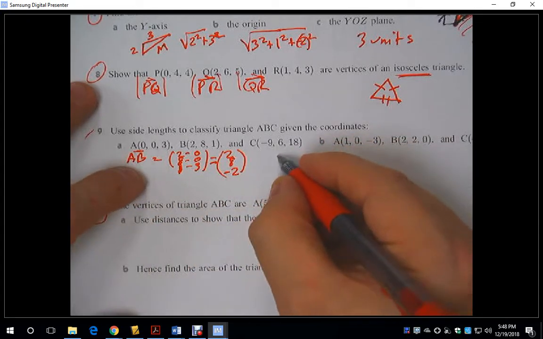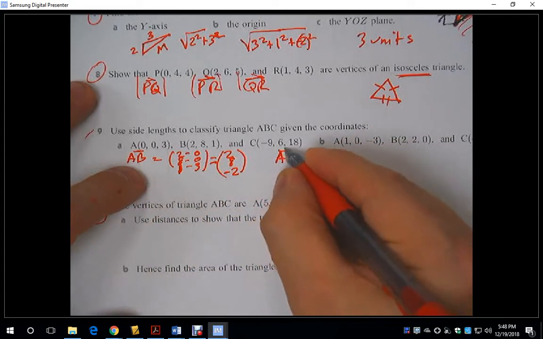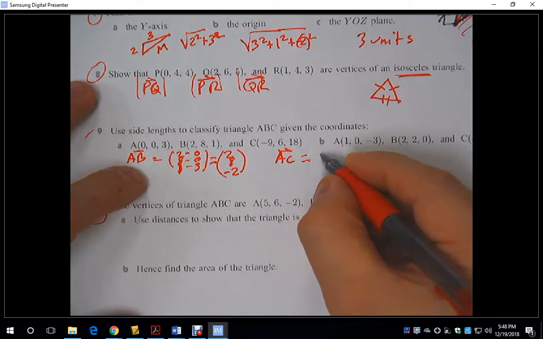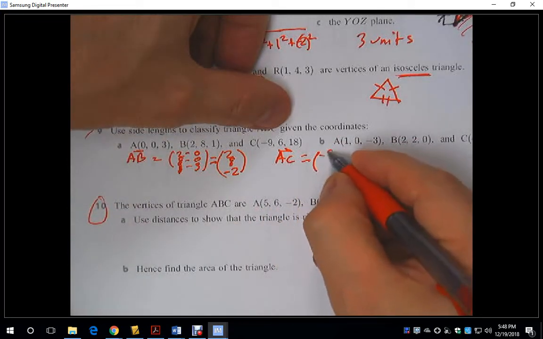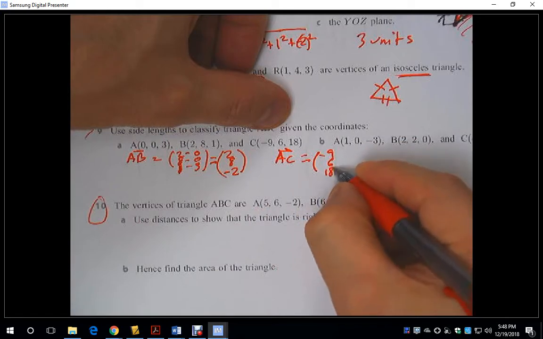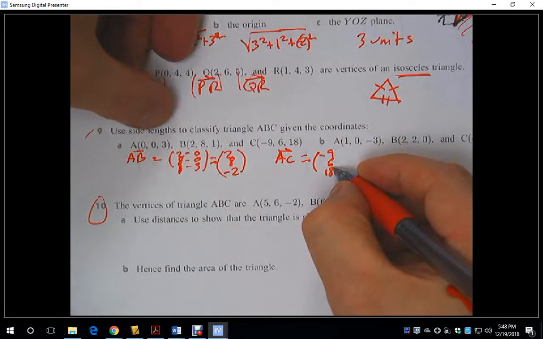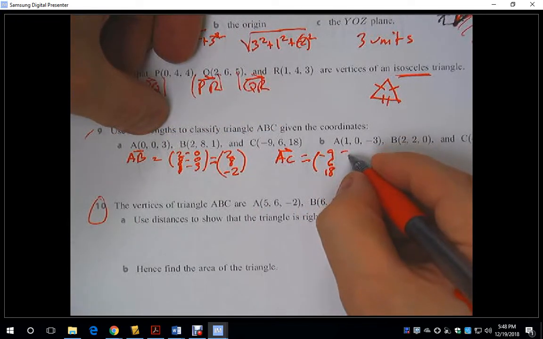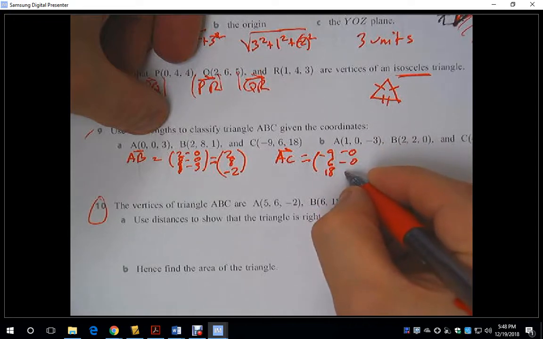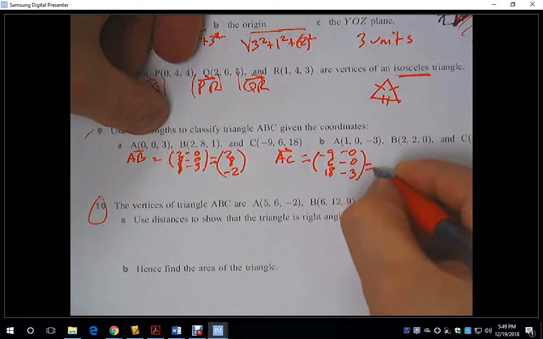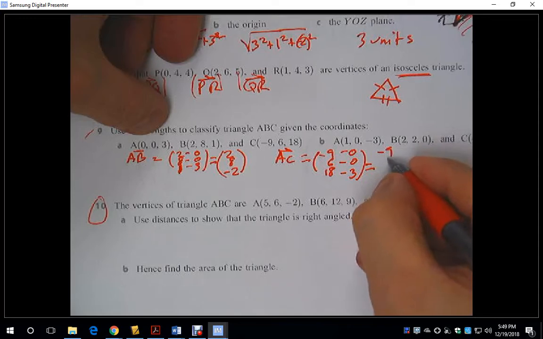We want to find A to C, which is going to be C, which is our head, minus tail: negative 9, 6, 18. And I want to subtract that from my tail, which is 0, 0, and 3. That's going to give me negative 9, 6, and 18 minus 3 is going to give us 15.